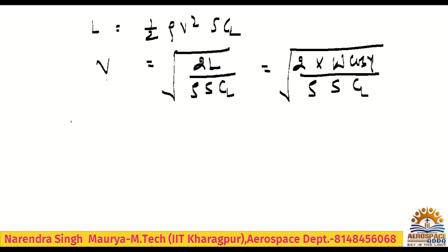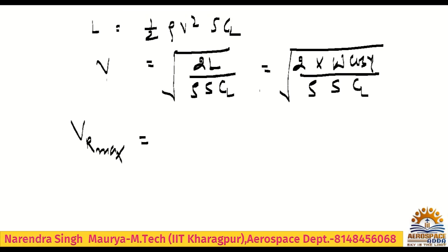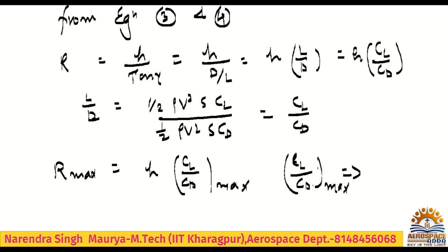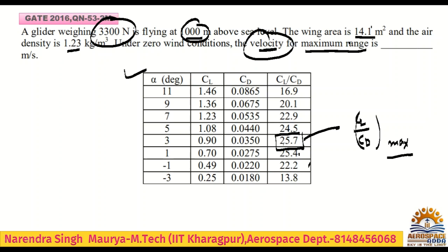But this velocity you are calculating at R max. What is the condition for R max? CL by CD max. So for velocity you need CL, which you need to calculate where CL by CD is max. So what is the value of CL at CL by CD max? Check that CL value in the table, and it will be used directly. That's the reason the table is given, so it is very easy.